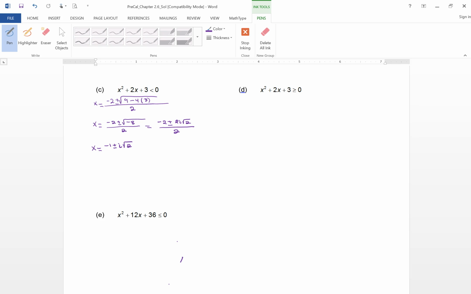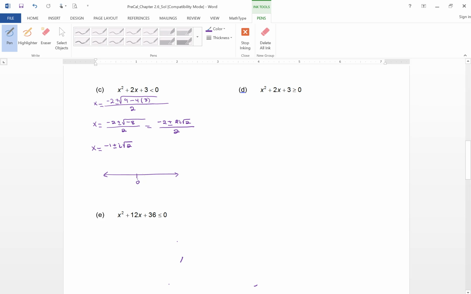Now, listen carefully to this part. Because my solutions are imaginary, I have no real numbers to put on a number line. But in order to solve this, I need to look at a number line. What I do in this case, I create a makeshift number line. Okay? And I want to put a number on there. The most common sense is to put 0 in here.